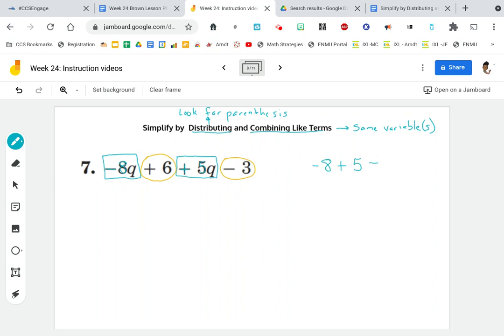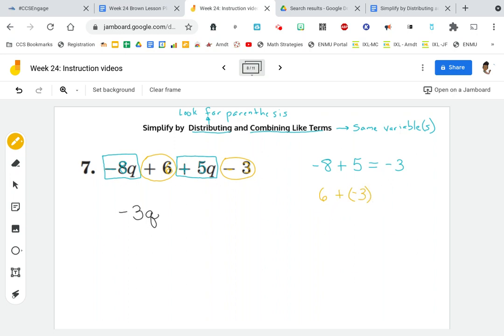Here's where we have to know our rules for positives and negatives. All right, so negative 8 plus 5 is just negative 3. Therefore, negative 8q combined with positive 5q leaves me with negative 3q. And then looking at the constants, well, I have a positive 6 that I need to combine, which means I need to add it to a negative 3.